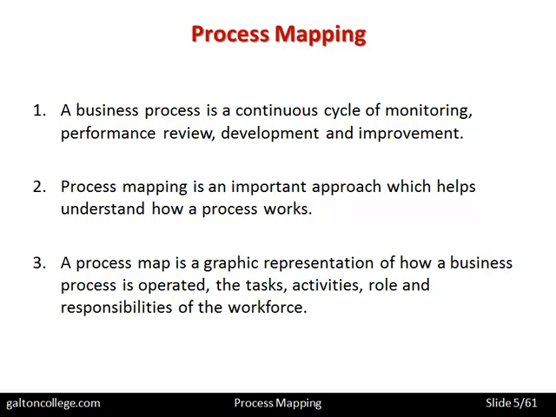Then the process may be looked at from the various tasks that are undertaken, to see if the tasks could be rationalized. Is it possible to do the tasks more efficiently? Combine them in some way perhaps. Look at the various activities that the workers are engaged in, the way they go about the work. Could it be restructured? Could it be reorganized in a more efficient manner? And look at the roles and responsibilities of the workforce.